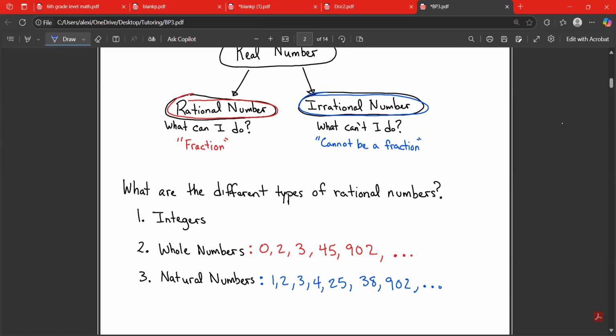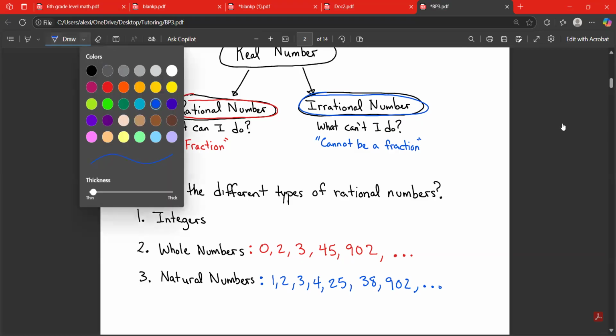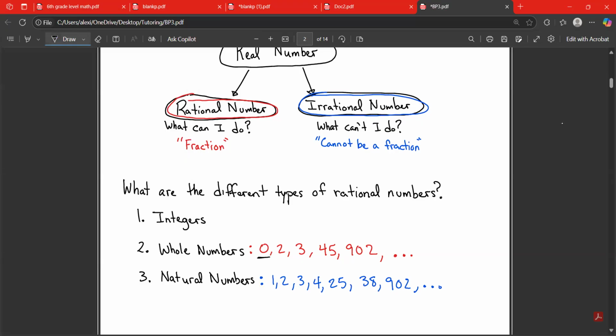So look at whole numbers, look at natural numbers. What's missing in the natural numbers that the whole numbers have? And I put it there on purpose. What is missing? The 0. So there's another way of calling natural numbers. We call them the counting numbers. Because when you start counting, you do not start with 0, you start with 1.